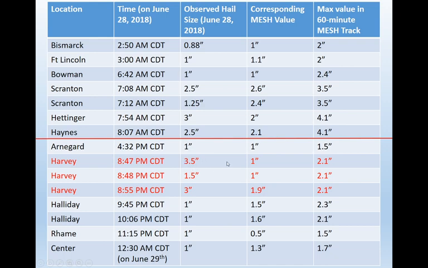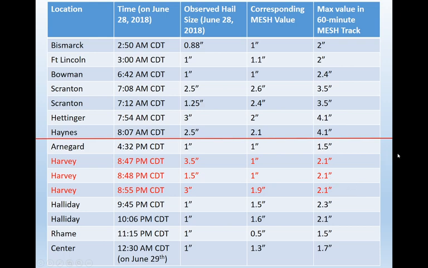So now we're talking hailstones bigger than baseballs. And MESH was much too low. It had hailstones only around 1/4 in size to up to about 2 inches in diameter. So really on the low side there.